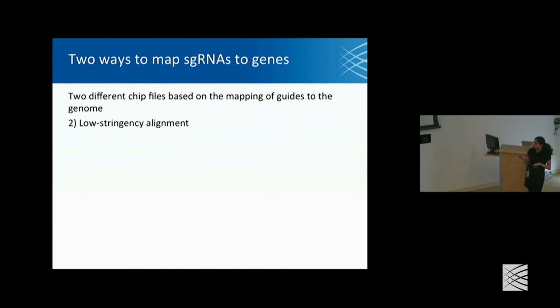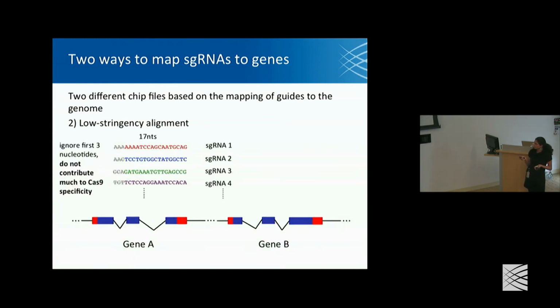The second kind of chip file involves a low stringency alignment, where you, again, have your guide RNAs in your library, and we ignore the first 3 nucleotides of each guide RNA because from previous experiments, we have found that these do not contribute as much to Cas9 specificity. So once you ignore the first 3 nucleotides, you can align the 17-mers to the genome, and now you can see that these 17 nucleotides actually align to more than one gene.